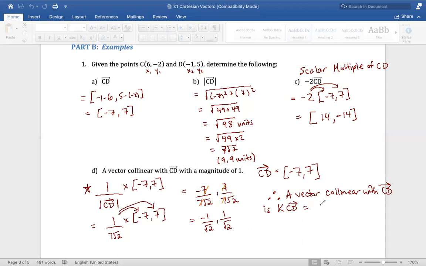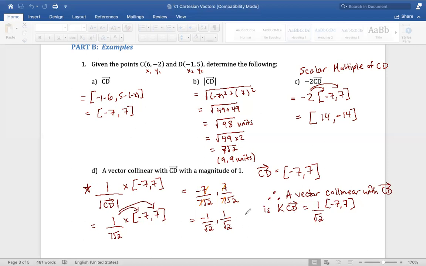I'm going to use the positive, let's say, 1 over square root of 2 times vector CD, which is -7 and 7, which I would get down to my answer of, again, -1 over square root of 2 and 1 over square root of 2, right?